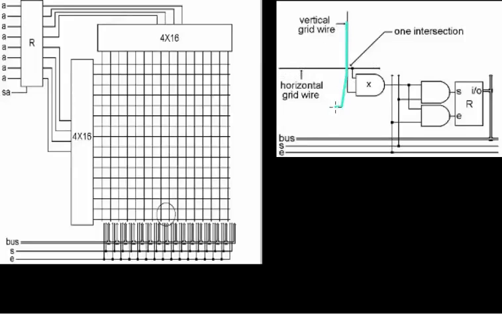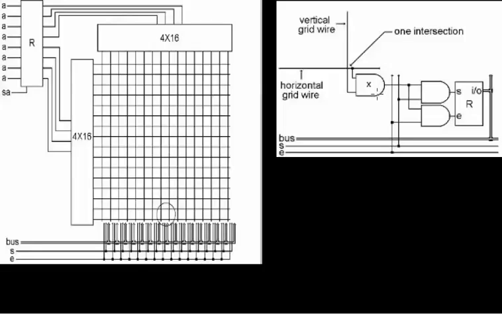The vertical grid is here and the horizontal is here. At any given time, as I have previously said, only one of these intersections will be on, so at any given time one X will be on and the remaining 255 X's are off.